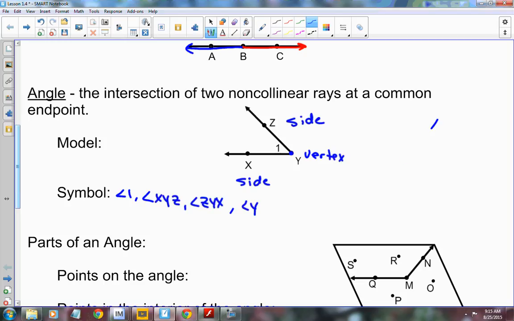For example, if I had two lines that intersected, and we'll say this was Y, and this is X, this is Z, this is P, and Q. If I said angle Y, would you know which of those angles I was talking about? No. So there is more than one angle at the vertex Y. So I couldn't use Y. I have to be more specific. Does that make sense? Okay? All right.